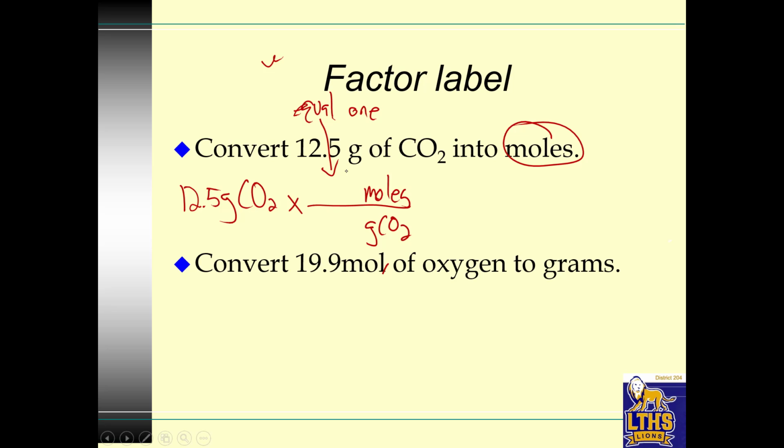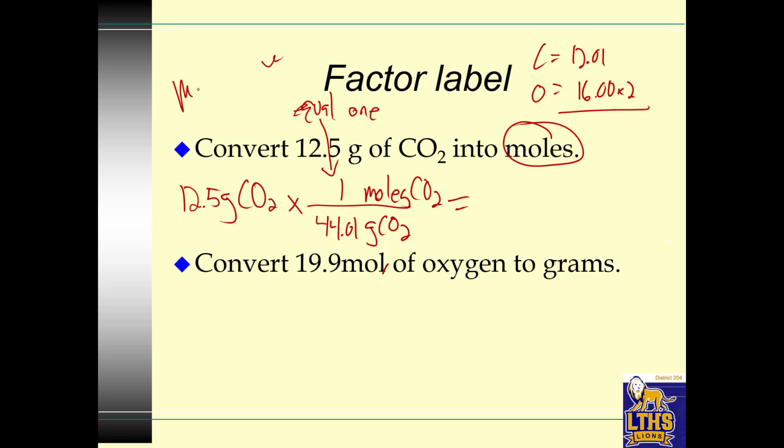Remember how we just found out of CO2? Remember we just found out that 1 mole equals, little g stands for grams, and little g stands for go to the periodic table. So carbon is 12.01, and oxygen is 16.00 times 2. So when I add all that up, I get 44.01.